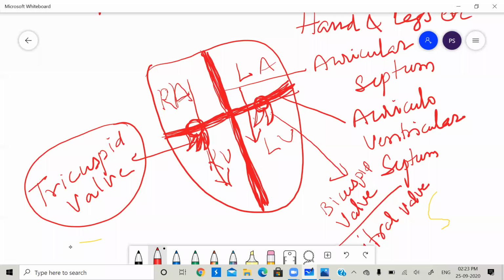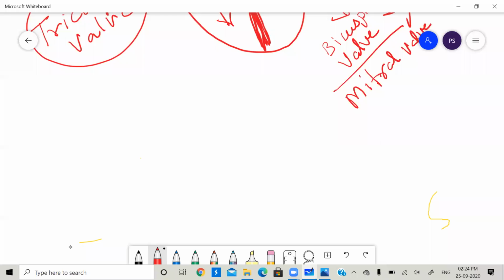In the same way, the pulmonary aorta, which arises from the heart, also contains valves. Those are called pulmonary valves.